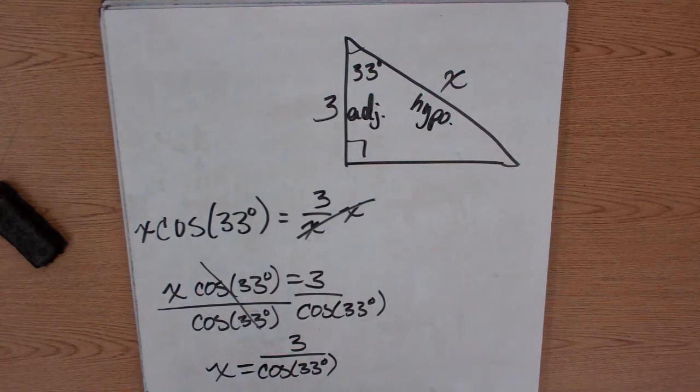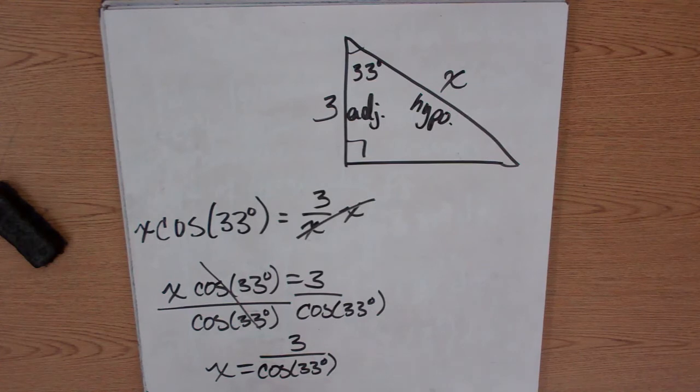Now, I want to mention this too. This cosine of 33 degrees, you have to keep it together throughout the entire problem. You can't divide this angle or reduce this angle. This has to stay in the form of cosine of 33 degrees for the entire problem.